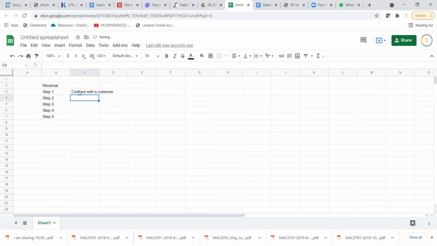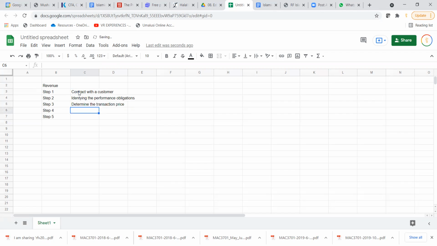Step 2 deals with identifying the performance obligations. So this is always a big one, identifying the performance obligations. Now, step 3 is to determine the transaction price.